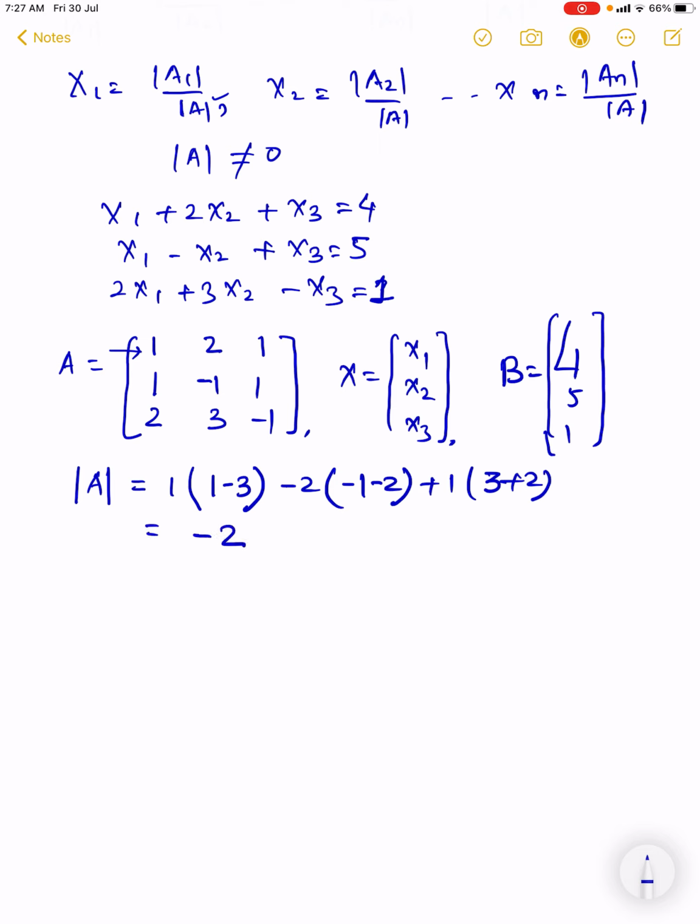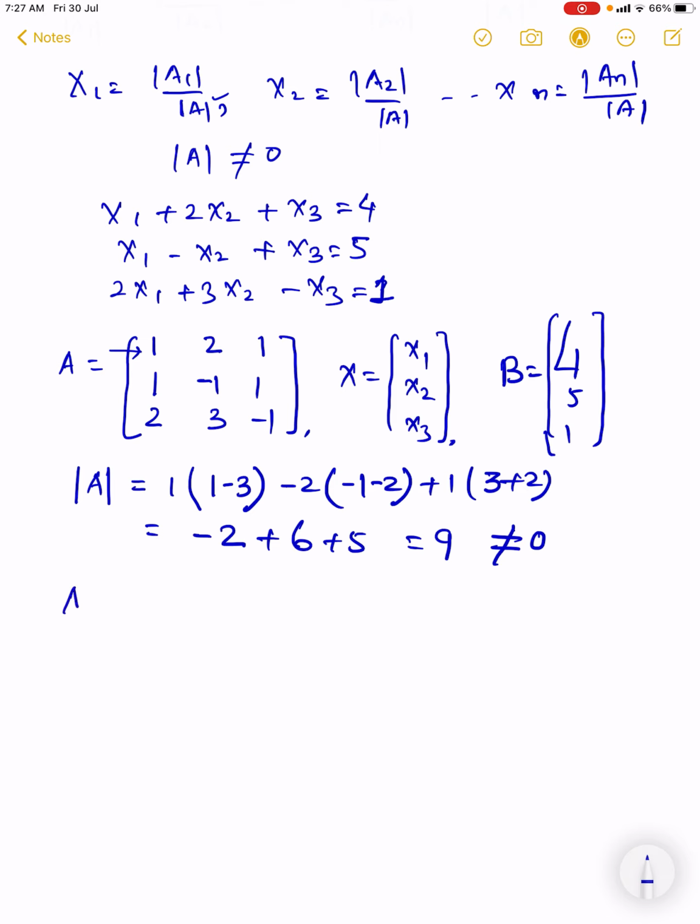This is minus 2 plus 6 plus 5 is equal to 9, which is not equal to 0. So we can apply the Cramer's rule because A is a non-singular matrix.